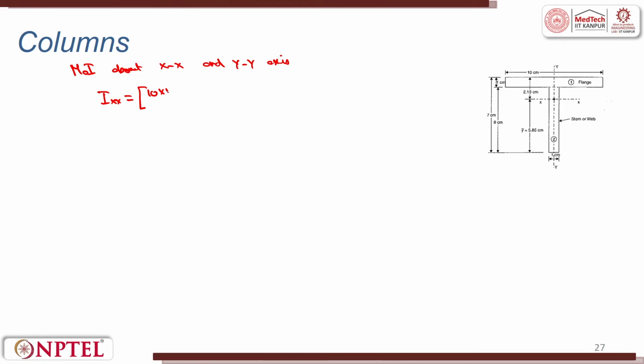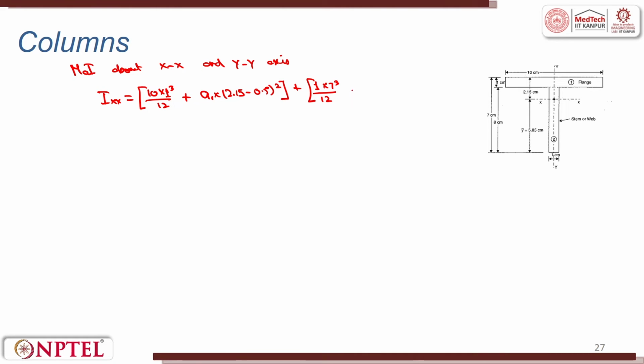So, 10 into 1 cube by 12 plus A1 into (2.15 minus 0.5) square, plus for the other section 1 into 7 cube by 12.